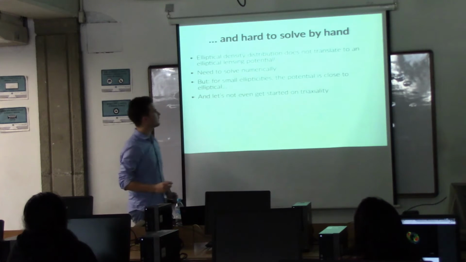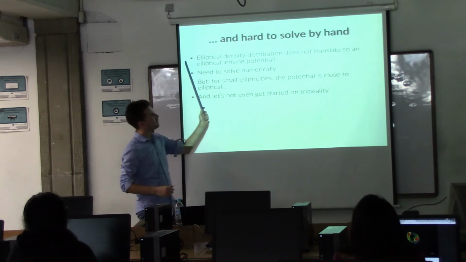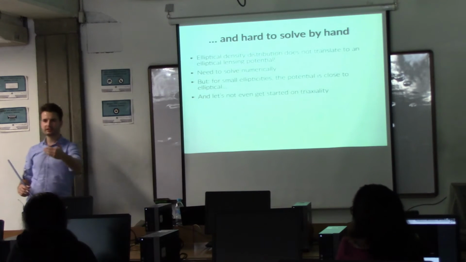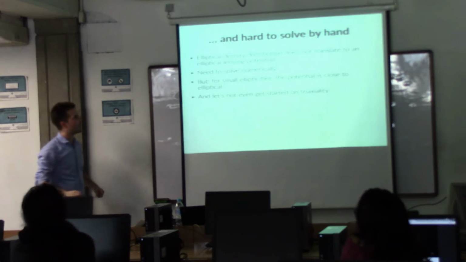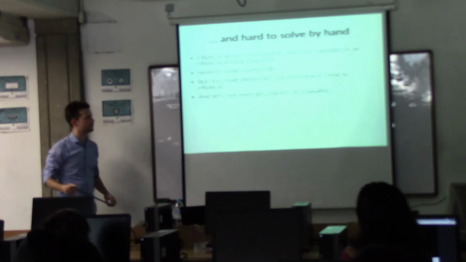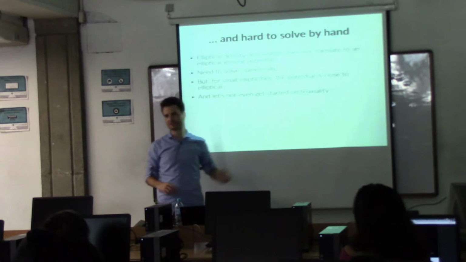And this is also very hard to solve by hand, because when you have an elliptical mass distribution, projecting into 2D, which we could do with a single isothermal sphere, is difficult and often has to be done numerically. And real galaxies are even worse than that.